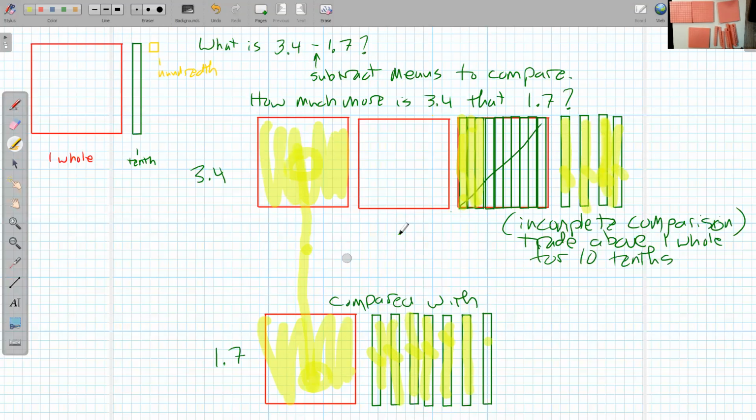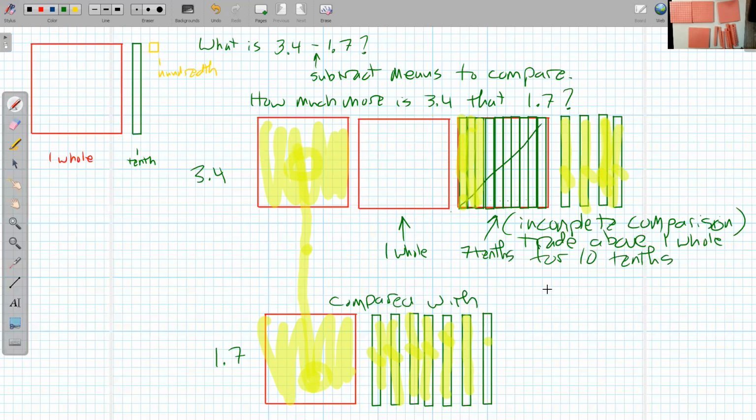1 whole to 1 whole, 7 tenths to 7 tenths, and then we just count and see what's left in that comparison. So this is left right here. And then we have 1, 2, 3, 4, 5, 6, 7 up there. So we have 1 whole and 7 tenths left.